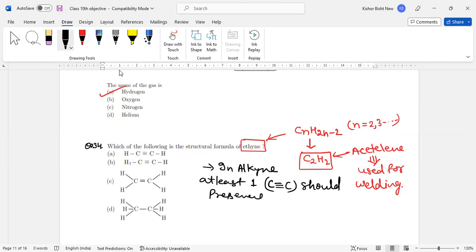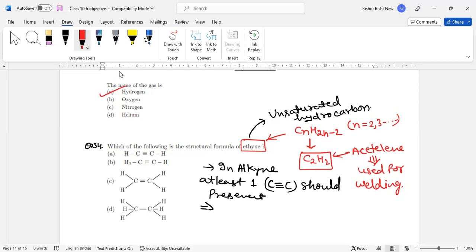And third thing you need to remember, the alkyne is an unsaturated hydrocarbon. So one carbon-carbon triple bond should be present here.